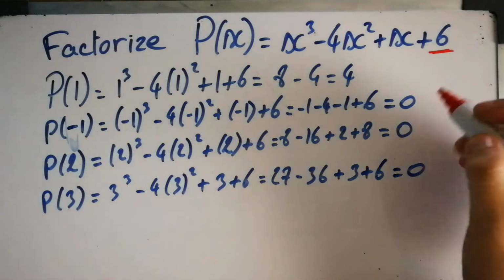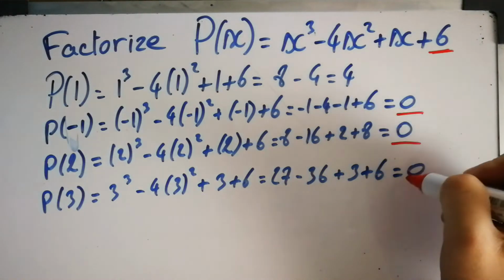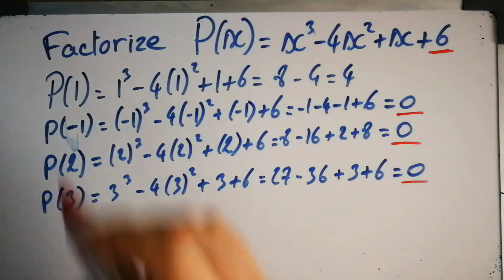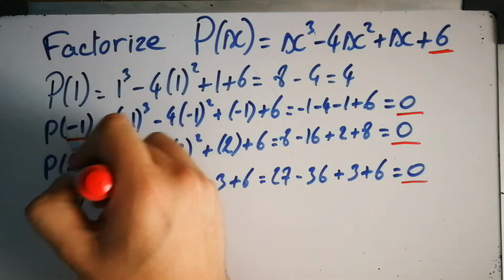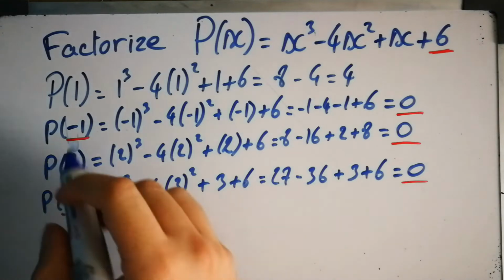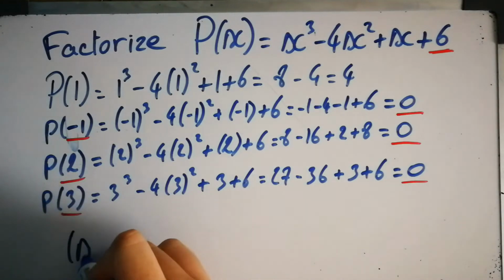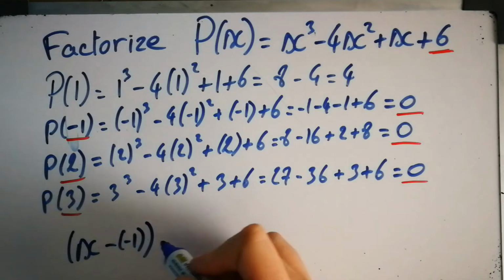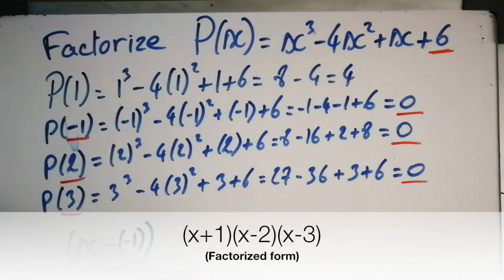Here I found three factors that give me the polynomial being equal to 0. So if I look at it, these three factors, we're going to have minus 1, 2, and 3. Which means that the factors of the polynomial are going to be, for minus 1 we get x minus minus 1, which is x plus 1.